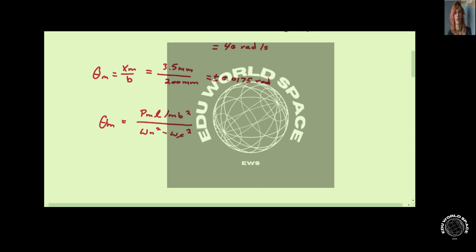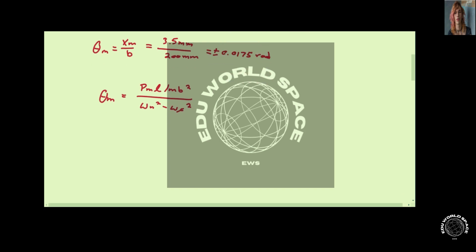Okay, and now we can solve for this guy here. So here we're going to do 0.0175, and it's going to be negative because the amplitude of vibration is the range from negative radians to positive. So we're going to do the negative first.